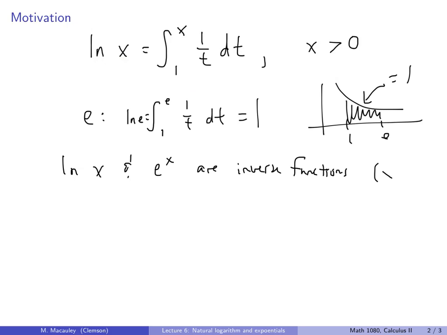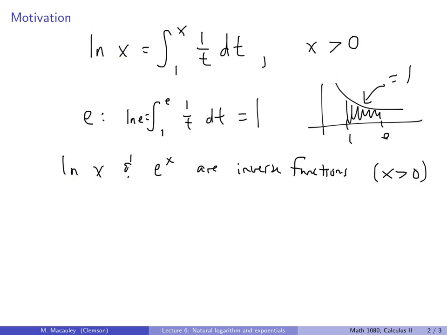And here I'm assuming x is greater than 0. So e to the x is defined for all x. It's not the case that natural log of x is defined for all x. So we're just focused on x greater than 0 here. Okay, so natural log of x and e to the x are inverse functions.